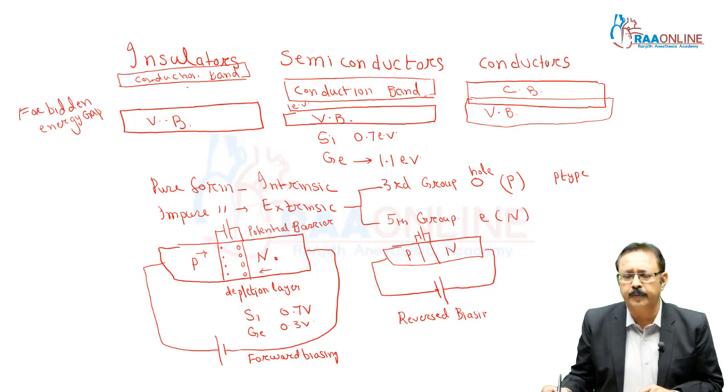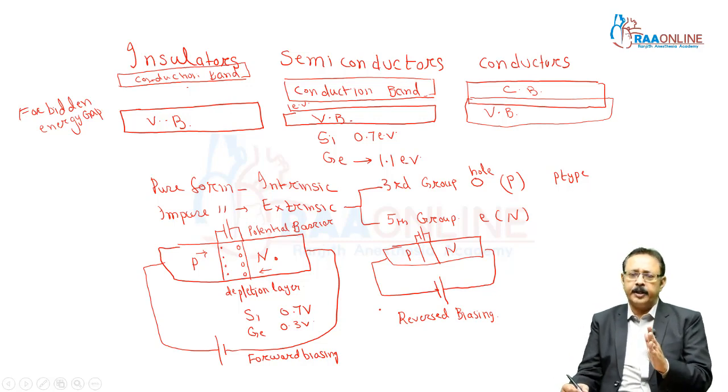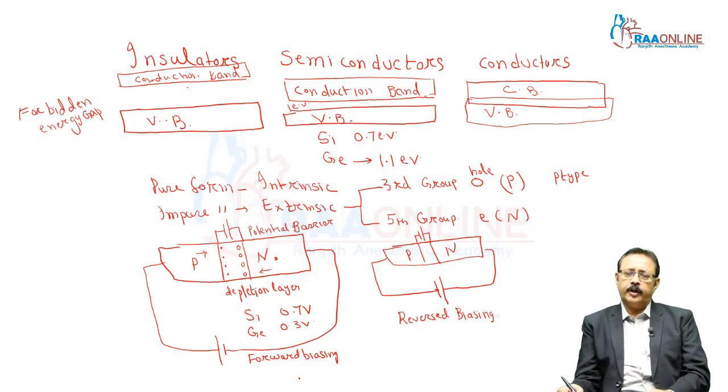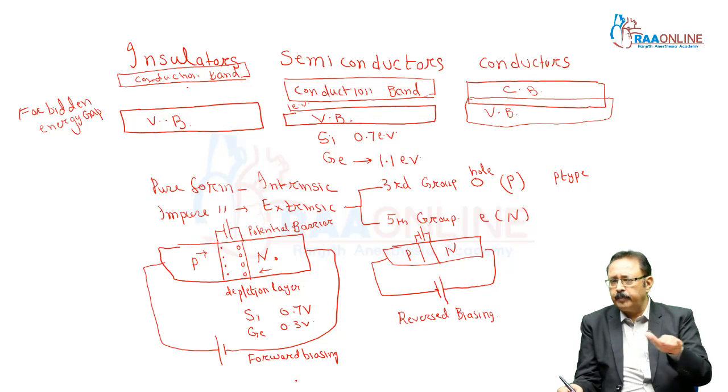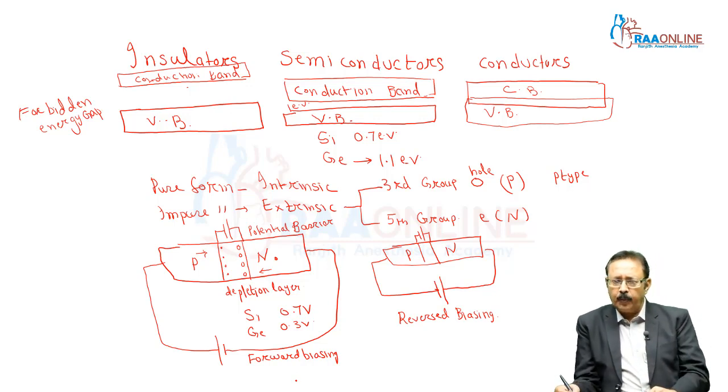What will reverse biasing do? It will strengthen the potential barrier, so it will block the motion of charges which are crossing the barrier due to their high kinetic energy.